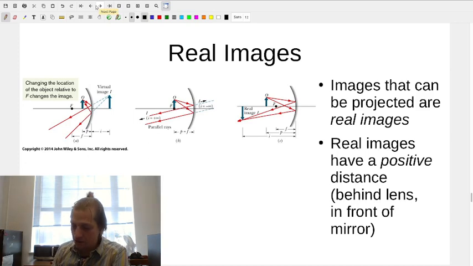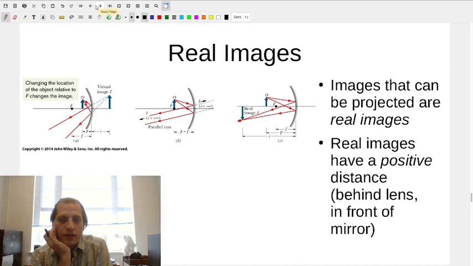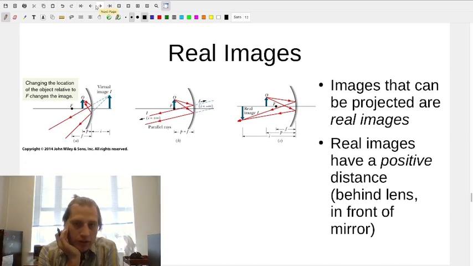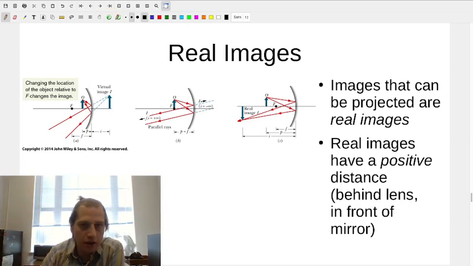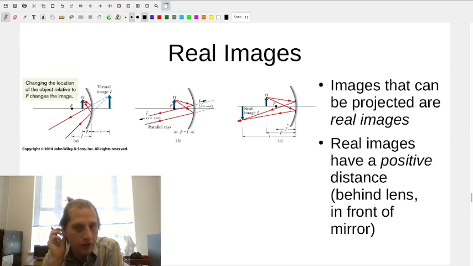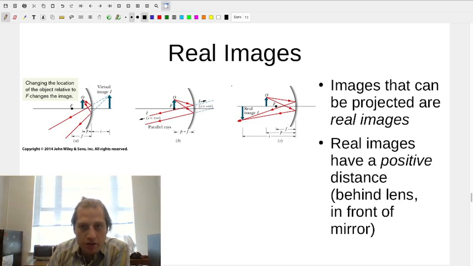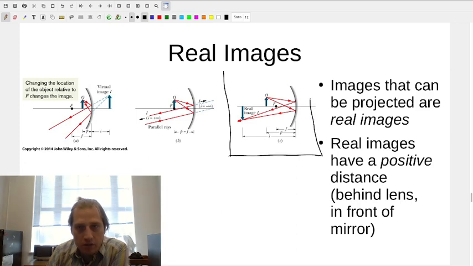Okay, so just to summarize that again, images that can be projected are real images. So here we have images that have a positive distance in the way that we count them. Here's our example of a real image.